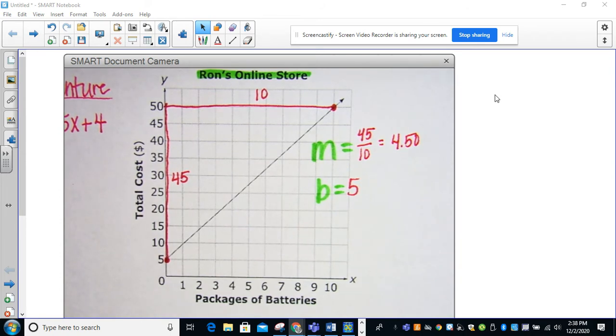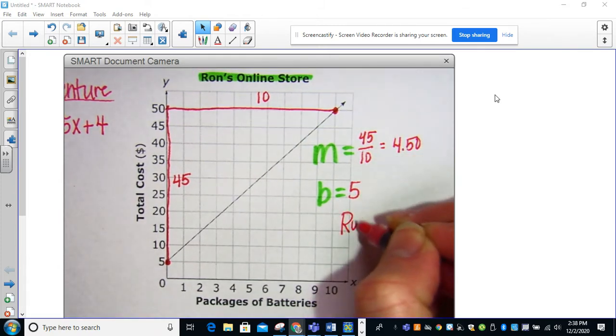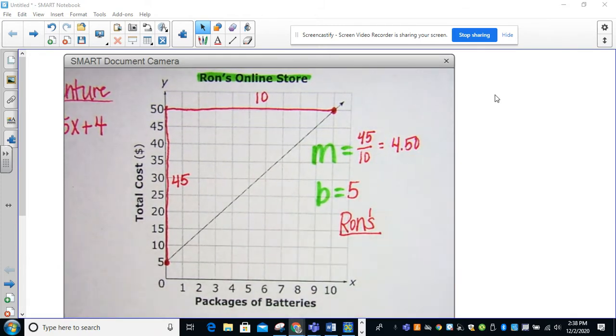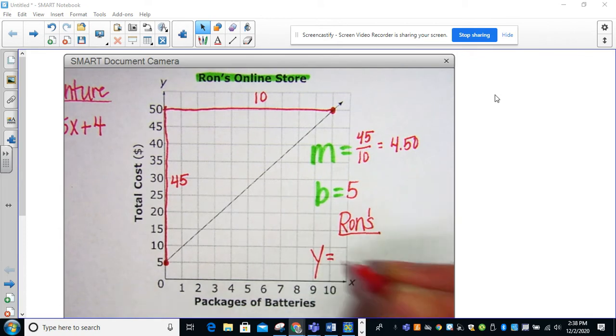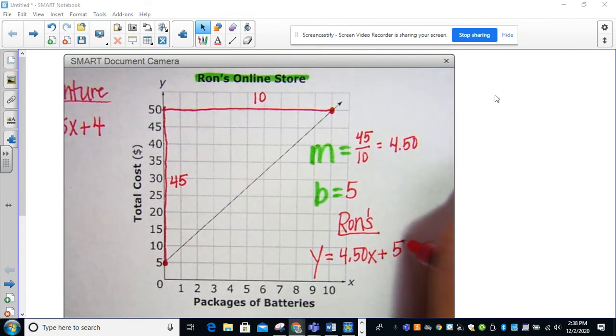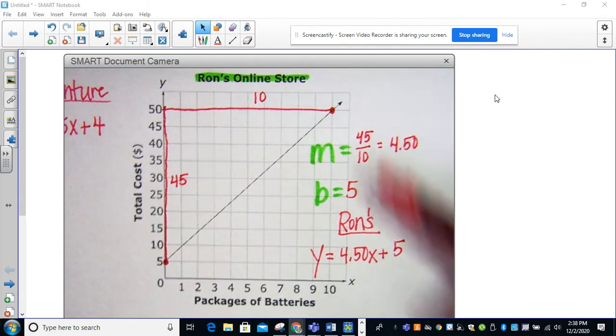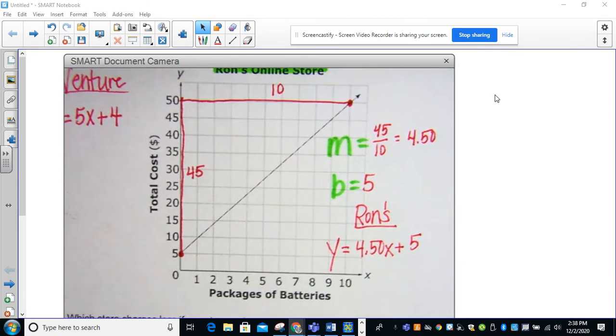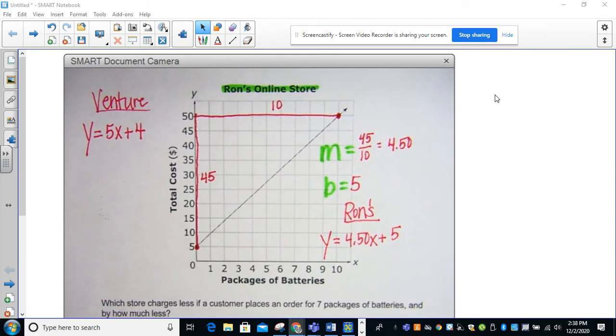So let's put this into an equation for Ron's. So for Ron's, it's y equals M is $4.50, $4.50 per package of batteries, plus $5, and obviously that $5 is their shipping fee.